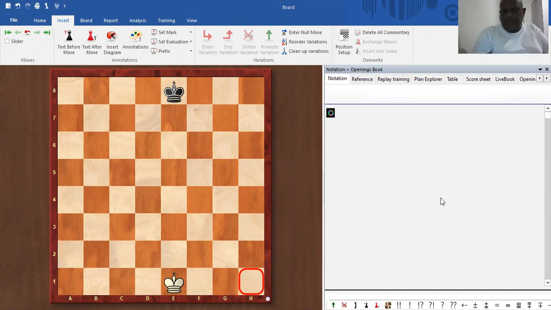I'm just making an example of the logic that one can have, a method that one can develop and say, okay, H1 is white, it's a chessboard. So it means that G1 must be black, F1 must be white, E1 must be black. So one would use that method to find out what square E5 would be.